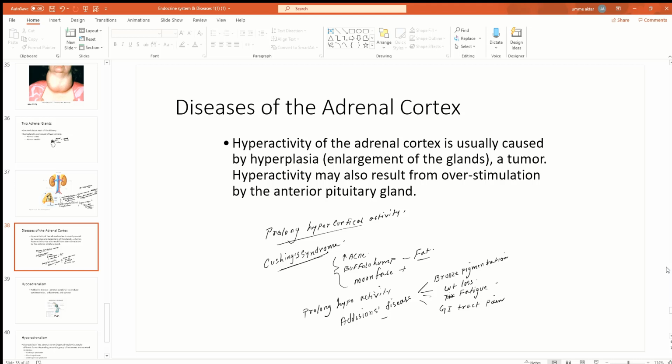Okay, and irritability. So those are some signs and symptoms of Addison's disease.